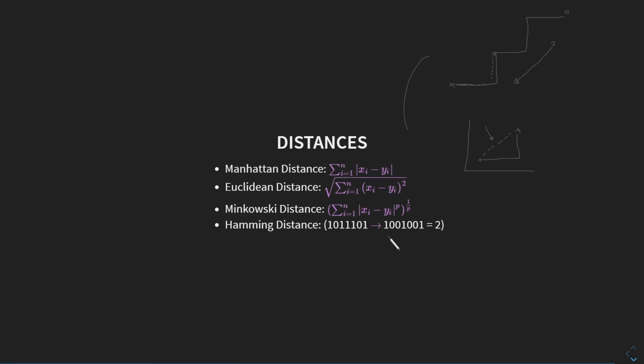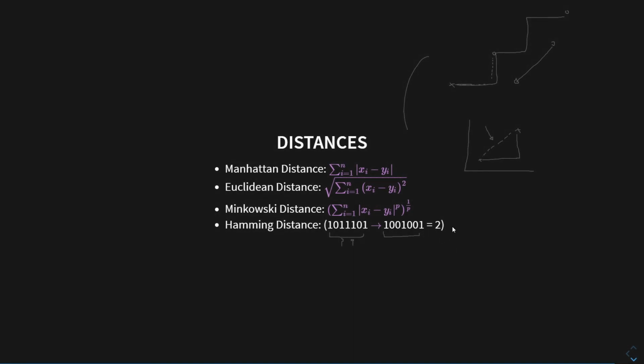We, for example, also have the Hamming distance, which for strings calculates some added distance between two of them. So you can see here that these bits are flipped right here. There's two flipped bits, so the distance between this particular string right here and this is 2. So these are different metrics that we can use within KNN to do distance based on the features that we get and their values.